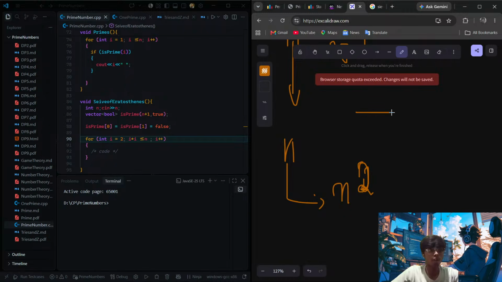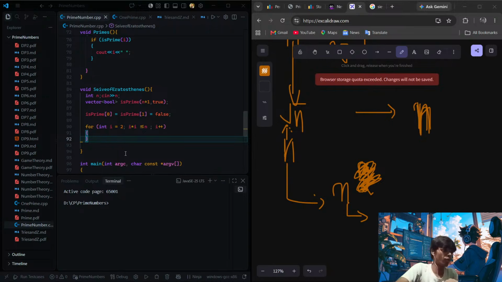No, because the last element will be n. So the outer loop will never go till n; it will always go till under root n. Then only can I reach n inside the inner loop. That's why I only go till under root n on the outer loop.